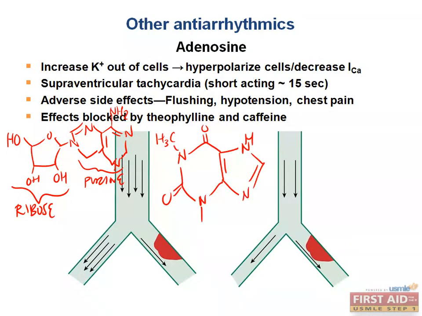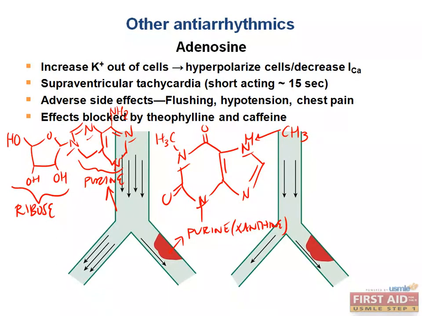The only difference between theophylline and caffeine is that this structure here. Theophylline has a hydrogen while caffeine has a methyl group attached. That is why they are called methylxanthines, which means they're basically a purine, which is a xanthine component. Look at the similarity between this structure and this structure. They both have nitrogens in these locations, and that is how caffeine and theophylline are similar in molecular structure.